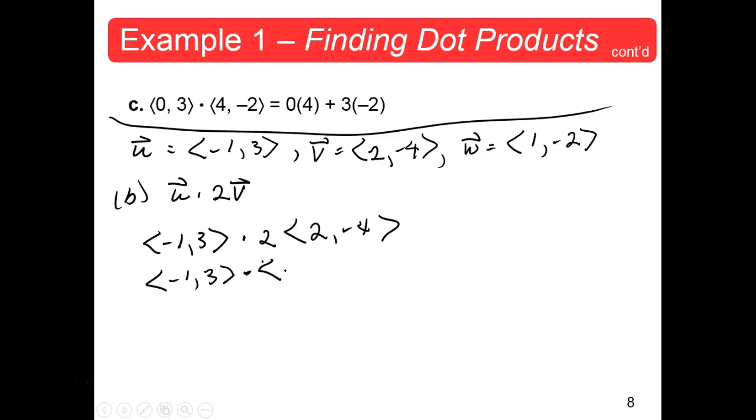Now that is a dot product now. What would be 2 times 2, negative 4? 4, negative 8. You just do scalar multiplication, and then your dot product would produce negative 4 minus 24. Perfect. And that produces what? Negative 28. You do get a scalar answer there, and that's what it is, negative 28.